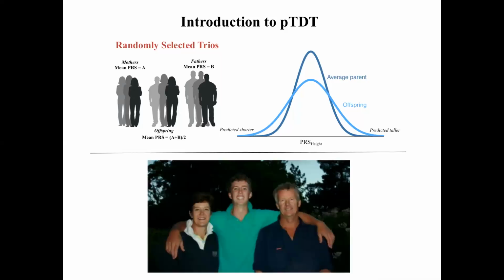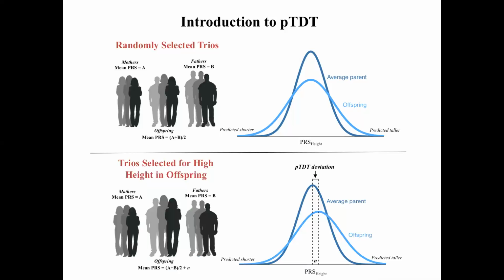However, we know that offspring are not always the sex standardized mean of their parents, and if we were to ascertain a cohort of children who were significantly taller than their parents, we would expect an average upward shift of the polygenic risk distribution for height, shown here on the right as the PTDT deviation.